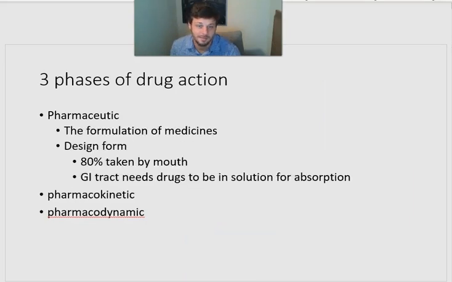Well, 80% of the drugs that you get from the pharmacy are going to be taken orally. They're going to be a pill that you need to swallow, or a tablet that goes under your tongue that dissolves. A lot of them are taken orally.